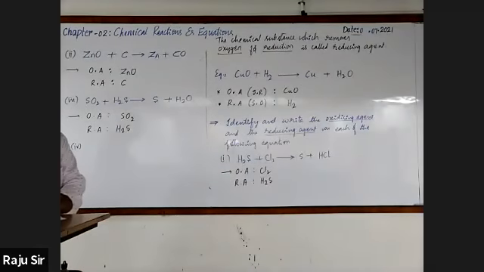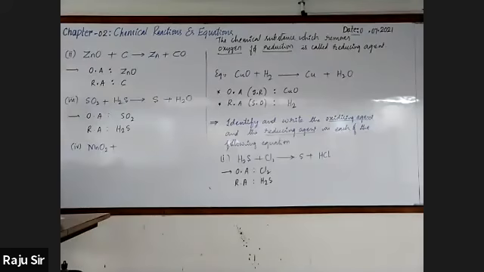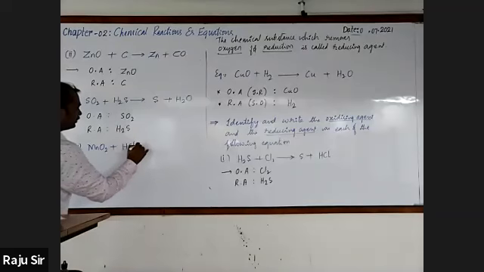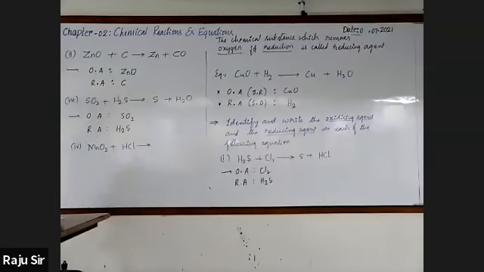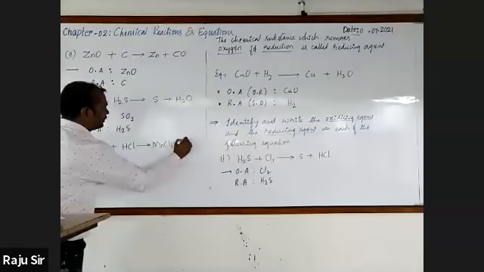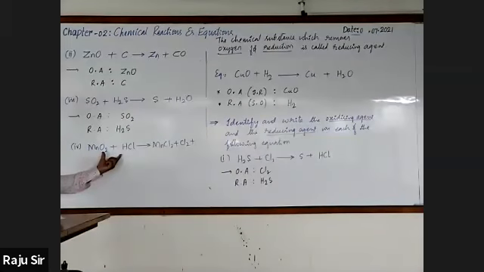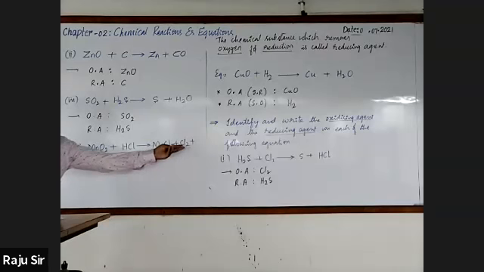Fourth one. It is manganese dioxide, MnO2, plus hydrogen chloride, HCl, gives rise to MnCl2 plus chlorine gets separated. Can you tell what is the other compound? Here we got manganese chloride and chlorine gas is separated.